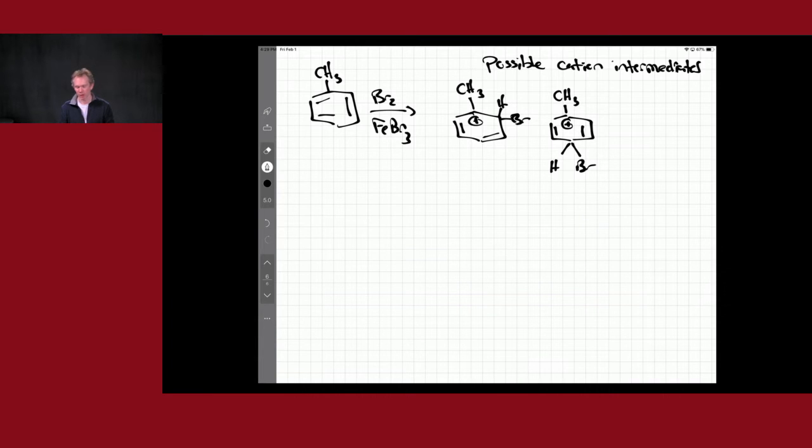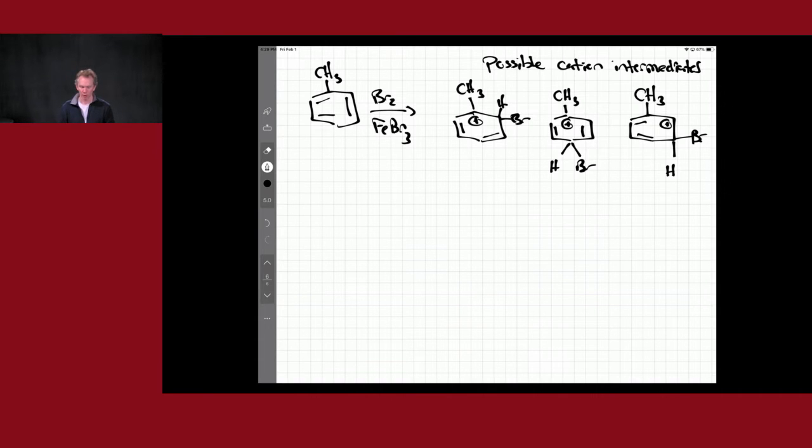However, if we start trying to do the substitution meta, we end up in this situation here. So if we think about carbocation stability, all of these are going to have two additional resonance forms for them.